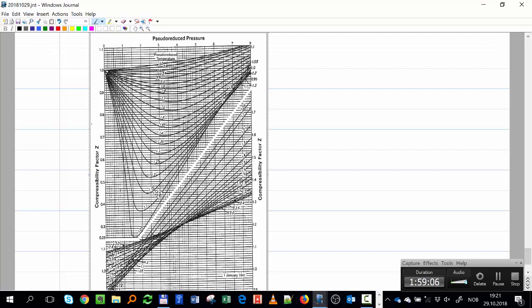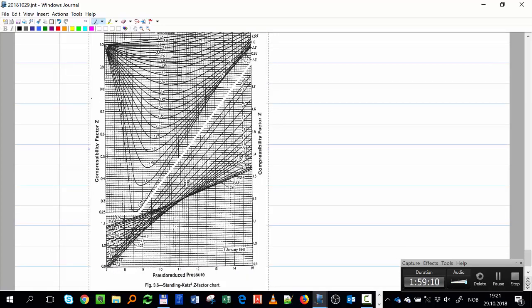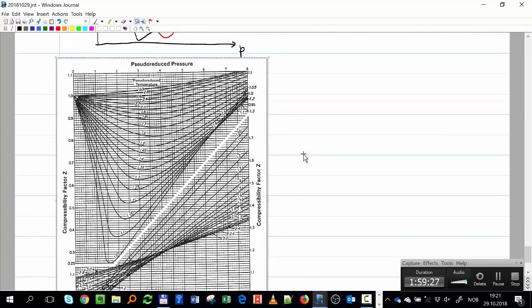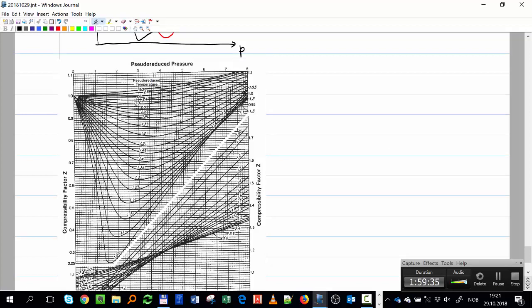And if you use 7 to 50, you use the lower part of it. And they have the same reduced pressure. So that's what we are going to use to calculate the Bg. That's the first exercise we're going to make today. And maybe, I'm not sure if we will have time for another.